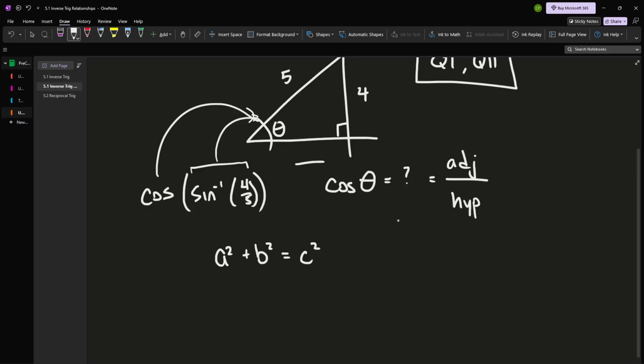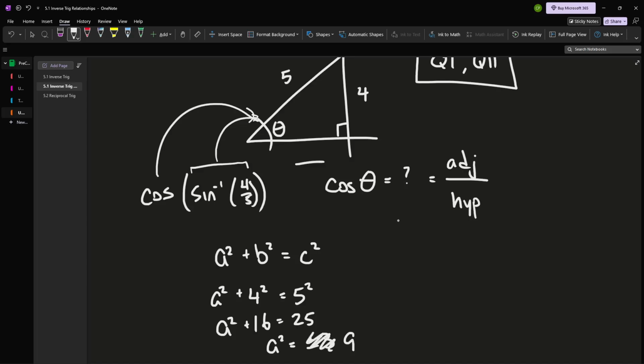If this is true, we must have a squared plus 4 squared equals 5 squared, or a squared plus 16 equals 25. A squared equals 9. So a equals positive and negative 3.